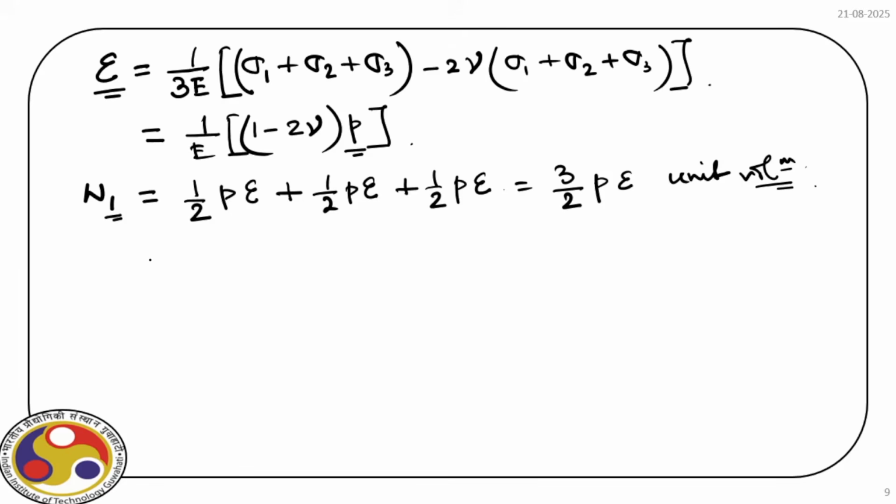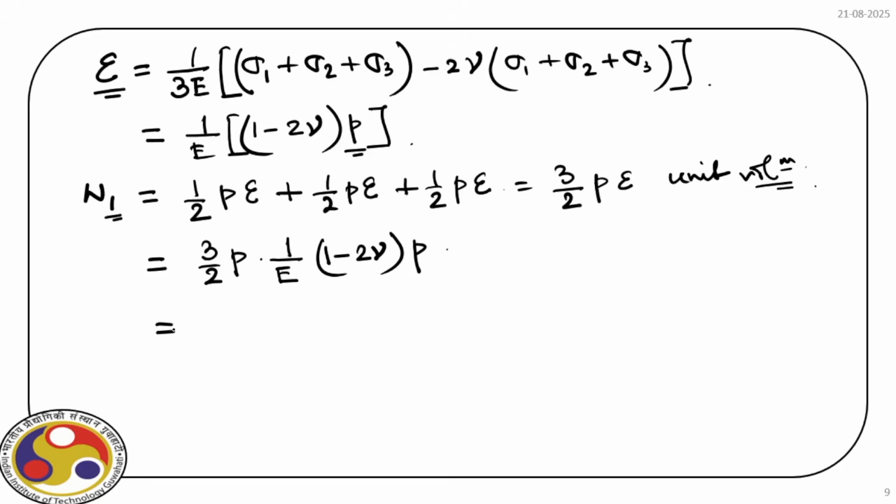So what we get, W1 is 3 by 2 times P, and in place of epsilon, what we can write is 1 by E, and then we have 1 minus 2 times nu times P. Okay.